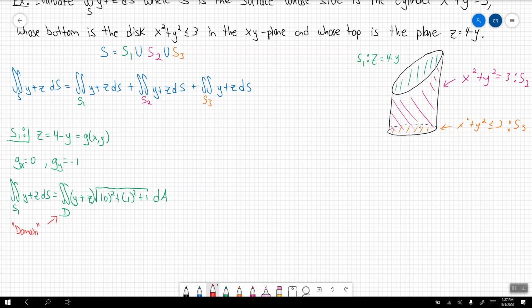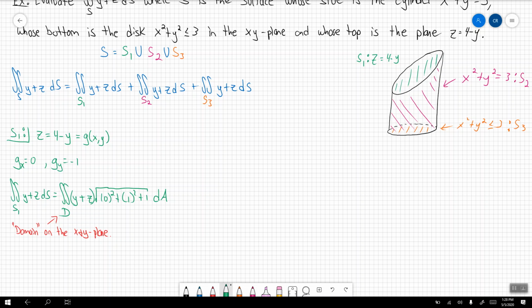It is defined down here, which means my domain is on the x and y plane. Because it's going to be on the x and y plane, we're going to define every single component in terms of x's and y's.